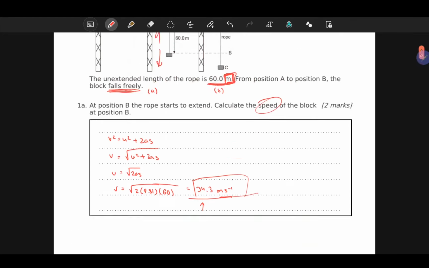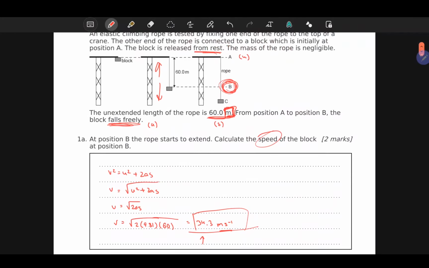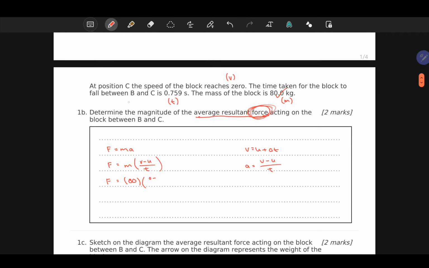We found the velocity at point B, which is 34.3 meters per second. So we can just use that value because this time the initial point is B, not A. So the initial velocity is the velocity at the starting point, which is B, and it's 34.3, over the time it takes, which is 0.759. It's in seconds, so we don't have to do any unit conversions.